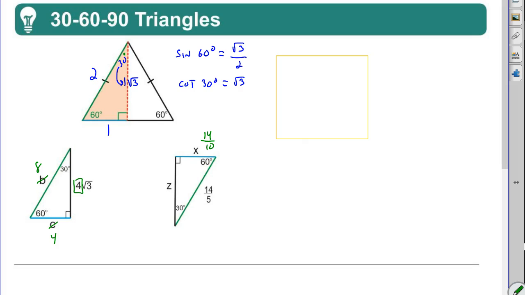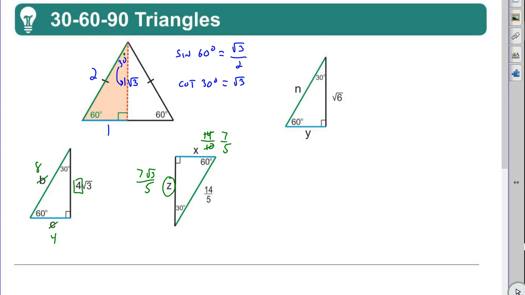All right, and I can reduce that to 7/5. Now, what is this side? The x, or the 1, times the square root of 3, so 7/5 times the square root of 3, or 7 times the square root of 3 over 5. Hey, not hard. Fractions as hard as they can get, and that still wasn't hard.